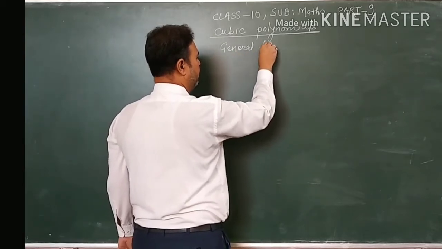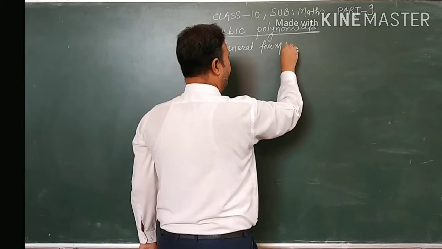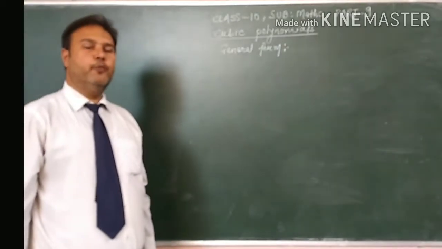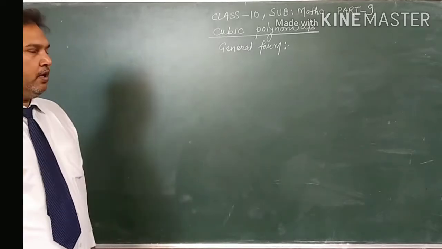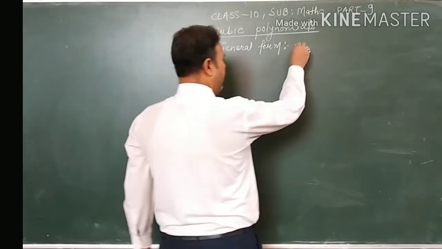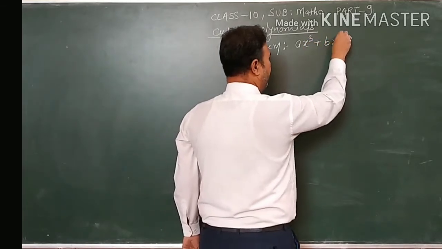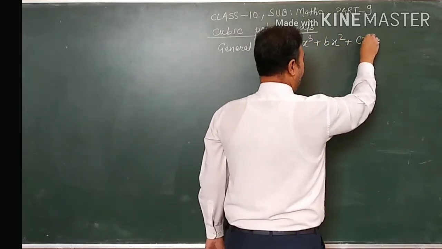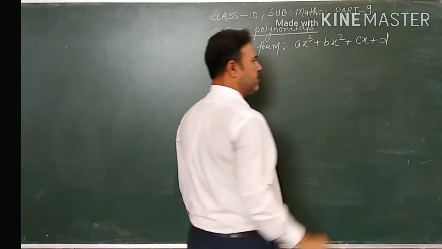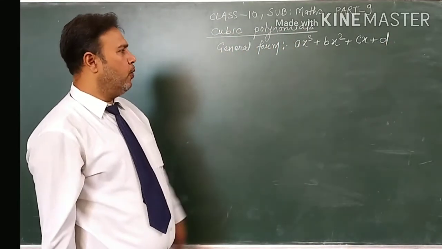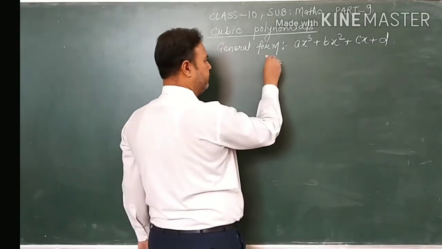The general form. What will be the general form of cubic polynomial? ax to the power 3, bx to the power 2, cx plus d. This is the general form of cubic polynomial. Clearly, what is the coefficient of x cube?